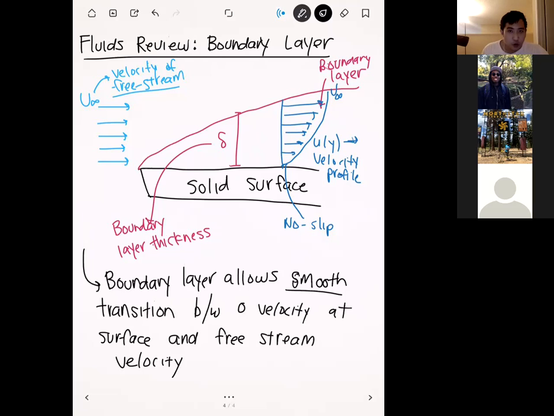All right, so let's talk about why we have this smooth transition to begin with, or what the physical mechanism is that causes this transition to be smooth. That physical mechanism here is viscosity.